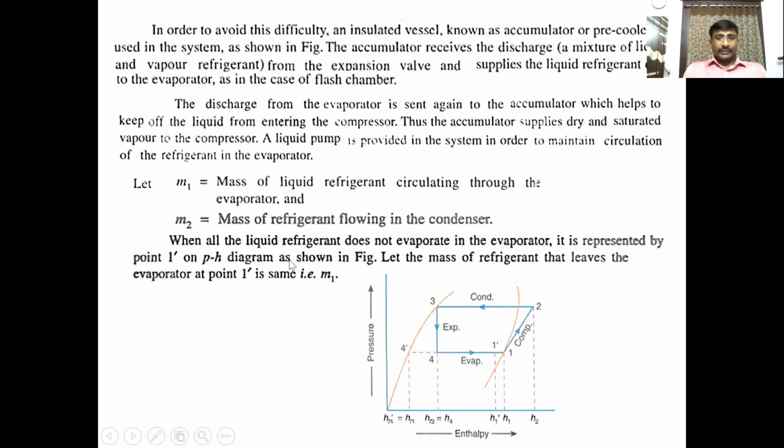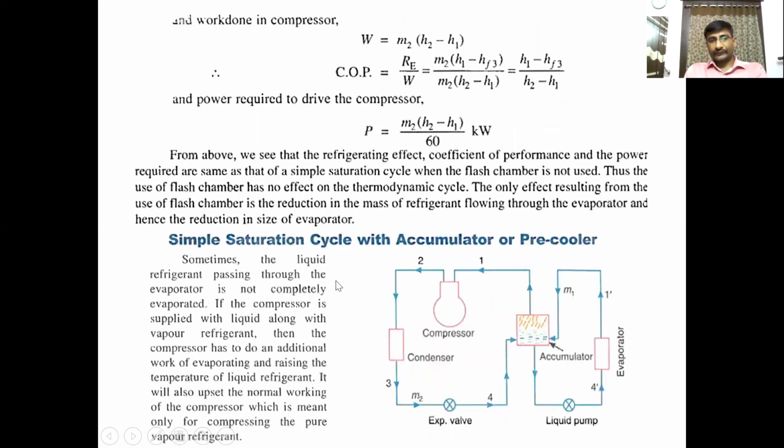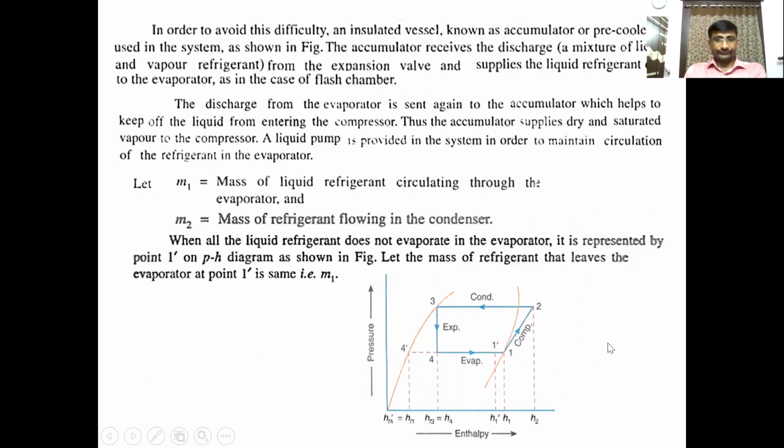So 1 dash on the p-h diagram. Let the mass of refrigerant that leaves the evaporator at point 1 dash be the same, that is M1 itself. What enters is M1, and what leaves is also M1 for every cycle.